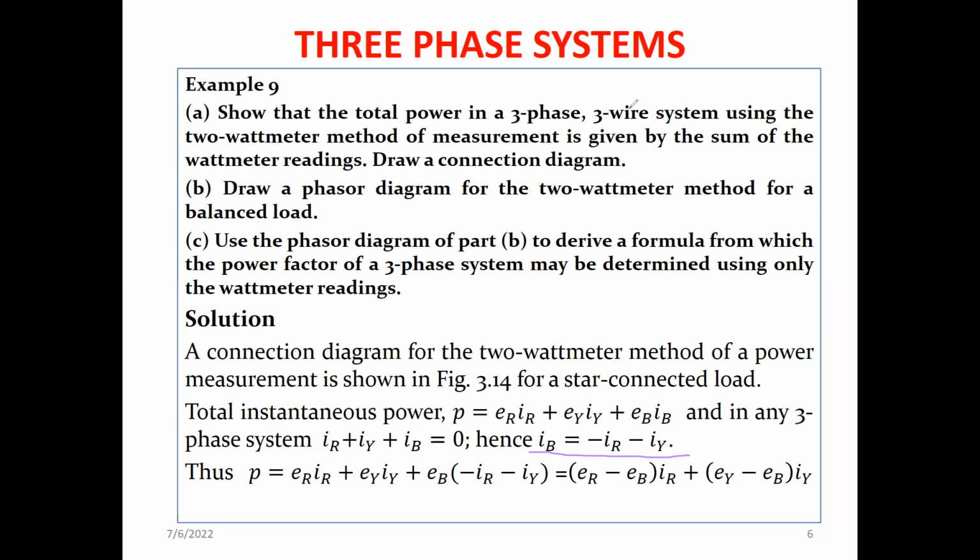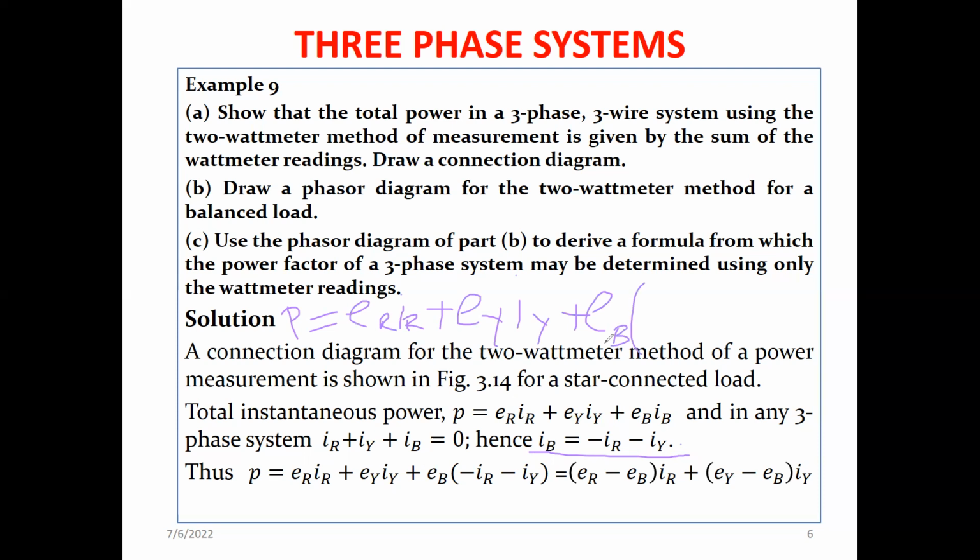If we replace this in our equation, we have P equals ER, the voltage in the red phase, multiplied by IR, plus the voltage in the yellow phase and the current in the yellow phase, EY IY, and then we add the voltage in the blue phase, EB.